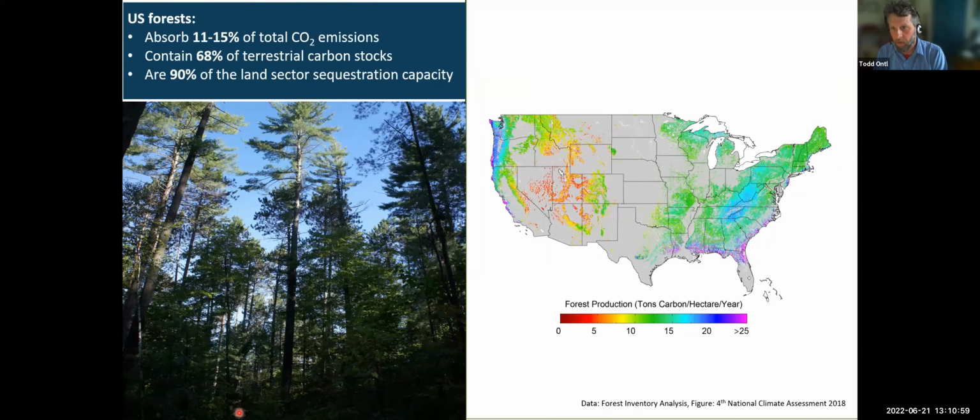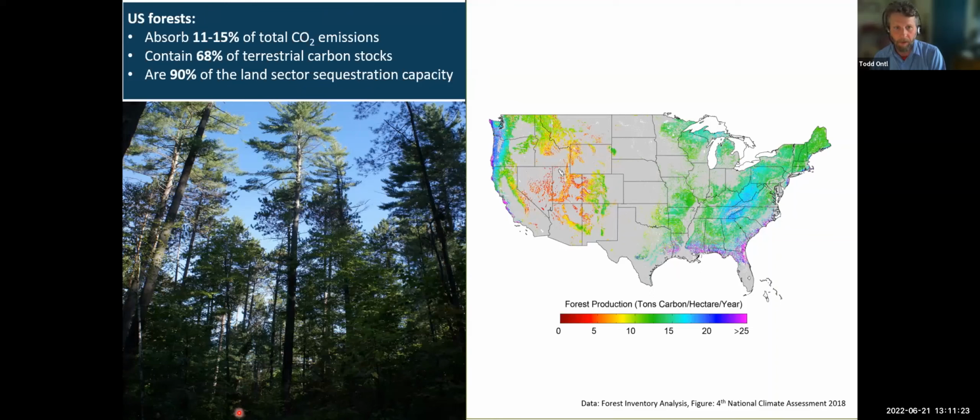And you can see that represented here in the map from the 4th National Climate Assessment, just showing where in the US there are these hot spots, shown in the greens, blues, and purple colors, of forest production. And so this is really representing that ability of forests to sequester carbon.